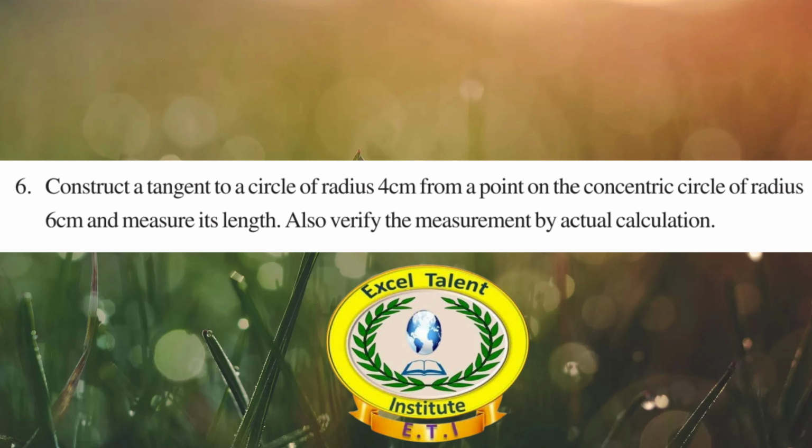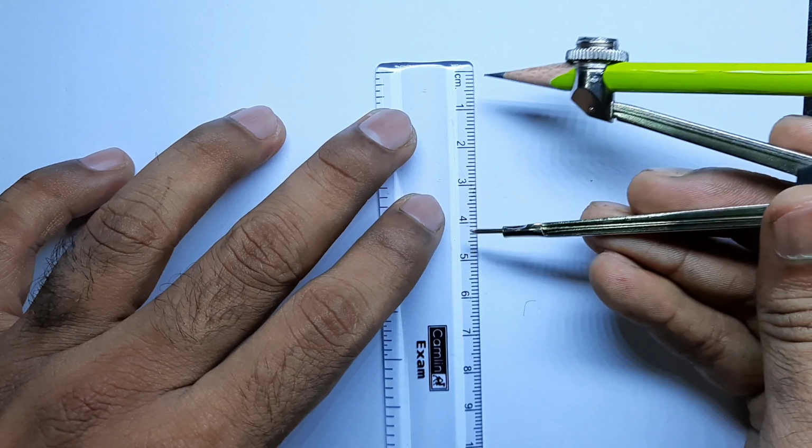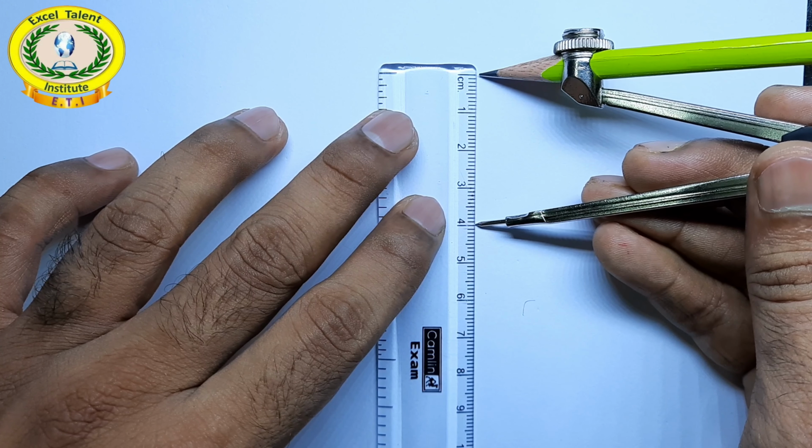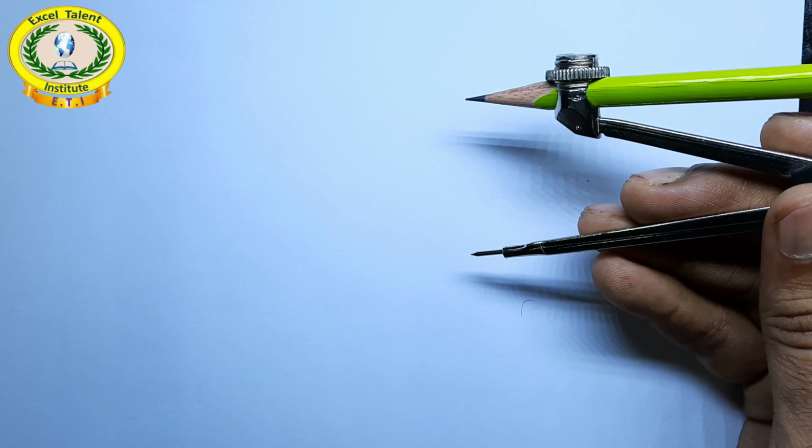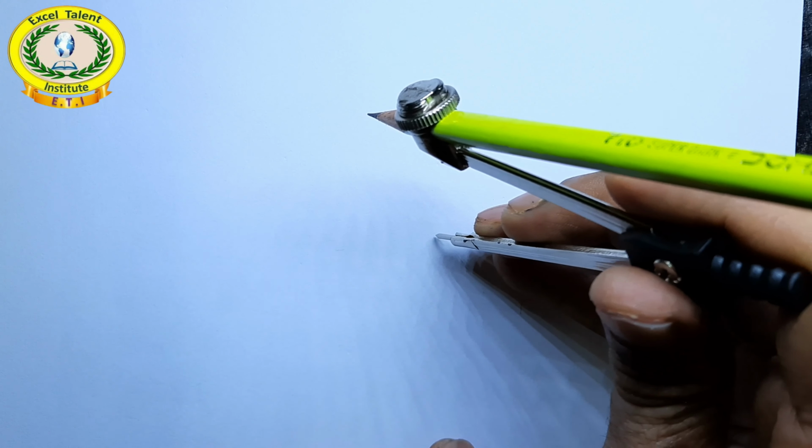Concentric means we have to draw two circles of radius 4 centimeter and 6 centimeter from the same center, and we have to draw one tangent. We have to construct a tangent and we have to measure its length. Let us take the radius as 4 centimeter and draw a circle with 4 centimeter as its radius.